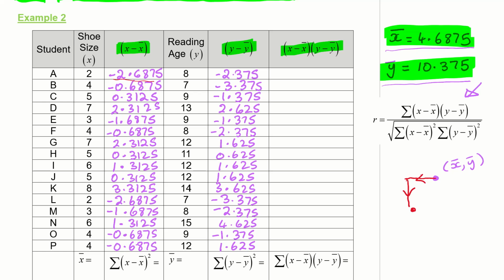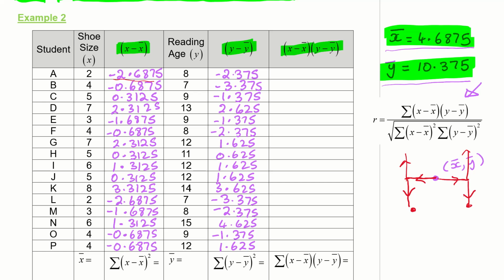Now, these points can be to the right and down, and that would make x minus x bar positive and y minus y bar negative. Or they could be left and up, which means that the x minus x bar would be negative and y minus y bar positive. Or they could be right and up, in which case both x minus x bar and y minus y bar are positive.